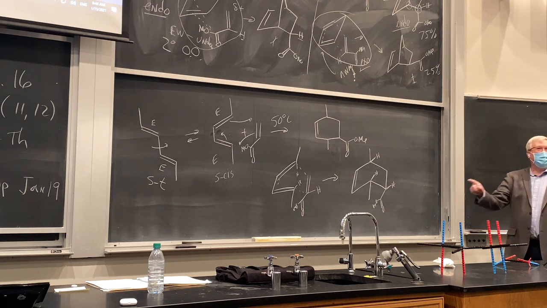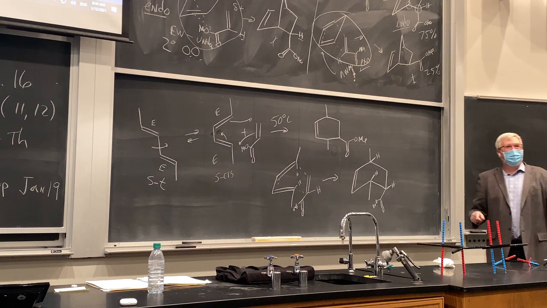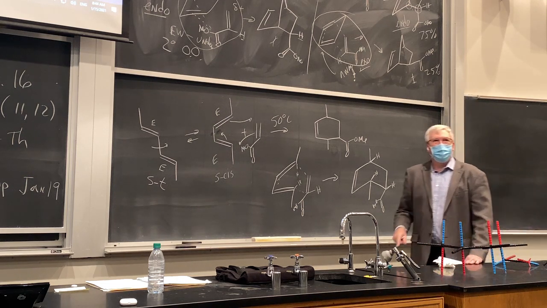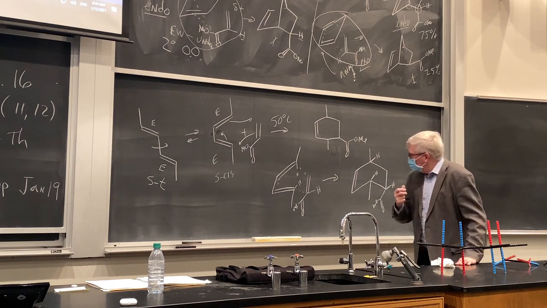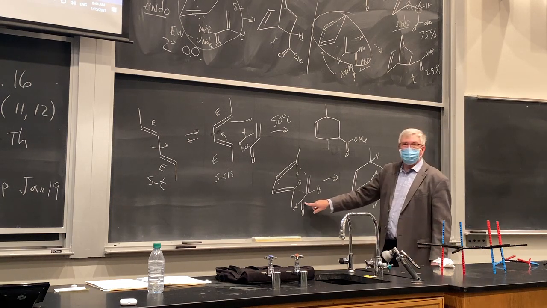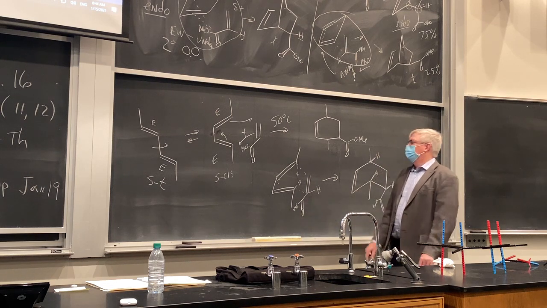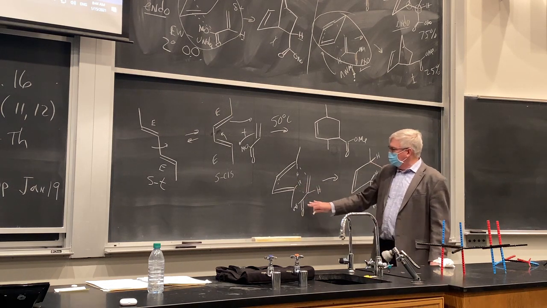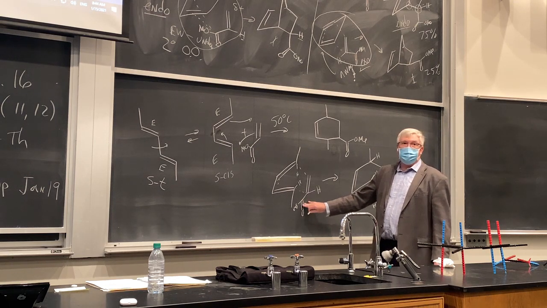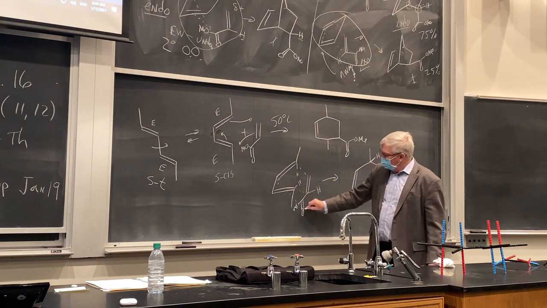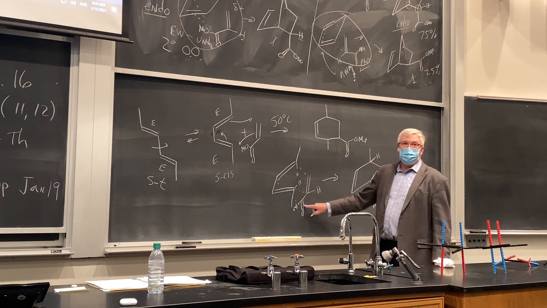Question on this so far? Yes, please. Yeah, the question is about the withdrawing group. Endo would be down here, because then you can see you get some extra overlap there.